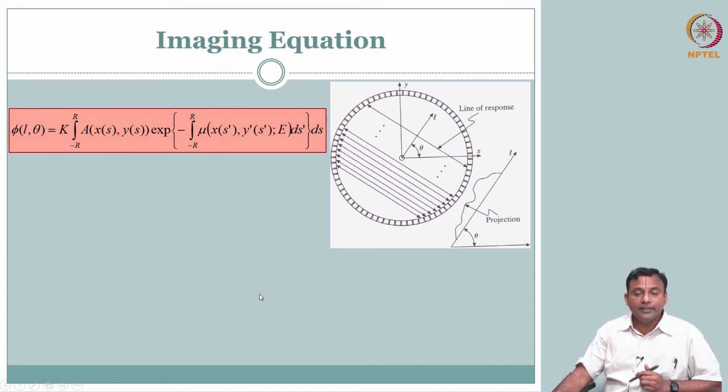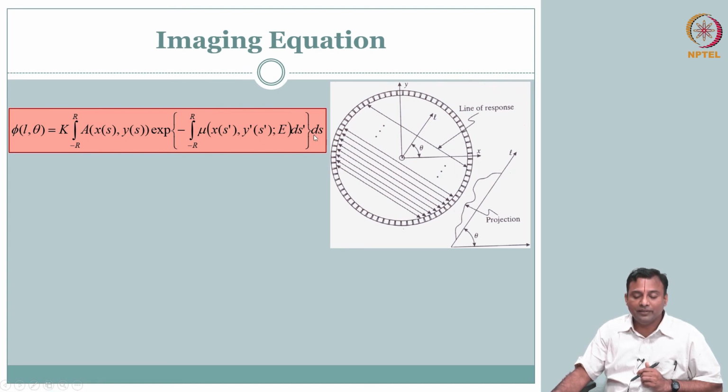Now notice, even though this looks like two integrals and a little complicated, in SPECT also we saw something similar, and we said this is an unknown, this is an unknown, so we had a problem. A similar problem we have here. But one subtle thing that is better here is your integral, limits minus R to R. So what we can do is, this is not dependent on where the S is.